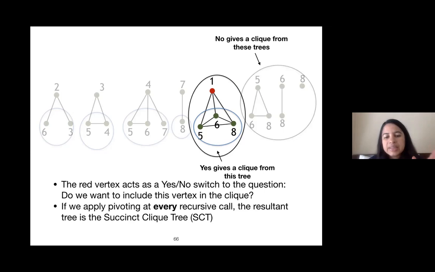So if we apply this at every recursive call, remember that at every recursive call, we have basically the same situation. We have some subgraph that we are interested in counting the number of k-cliques for. And so we apply this at every recursive call, and the resultant structure that we get is what is called the succinct clique tree.